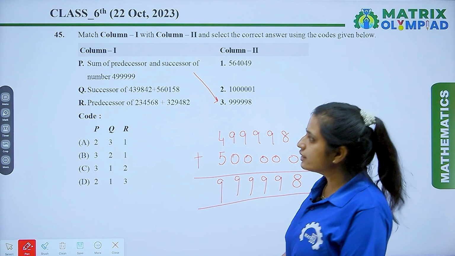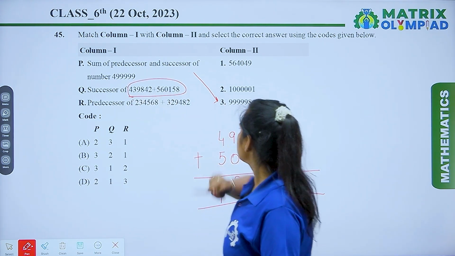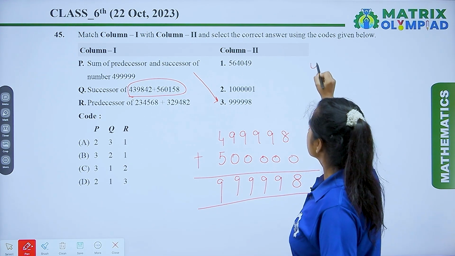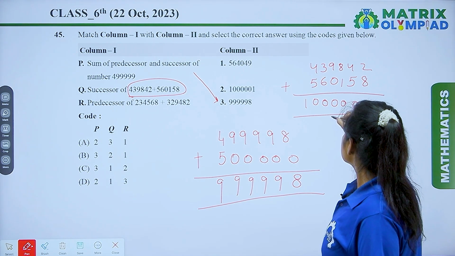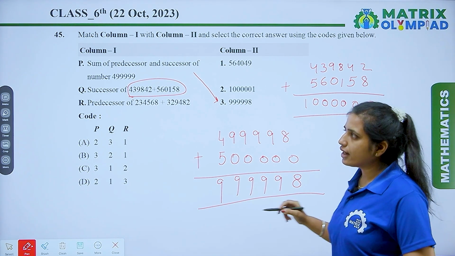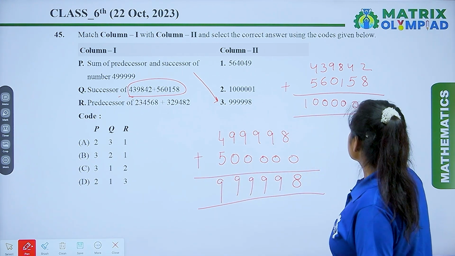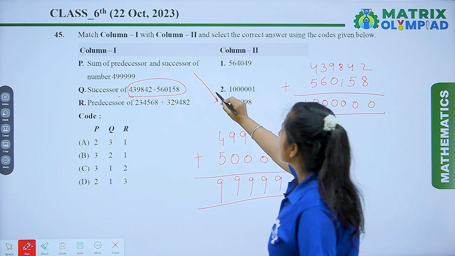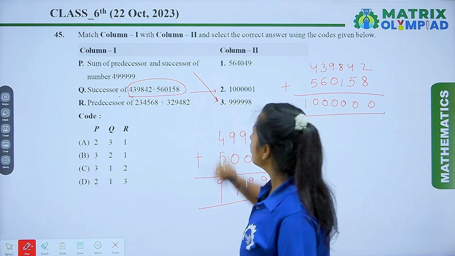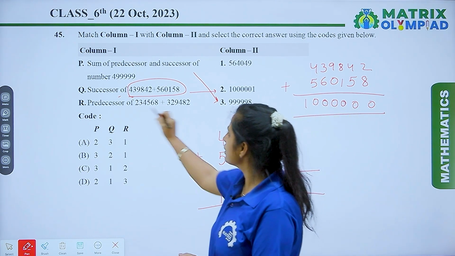Now the second is successor of this number. So here let's add them. So our answer is 10 lakh and we have to find out the successor of 10 lakh. So successor of 10 lakh is 10 lakh 1. Now the next is predecessor of this number.